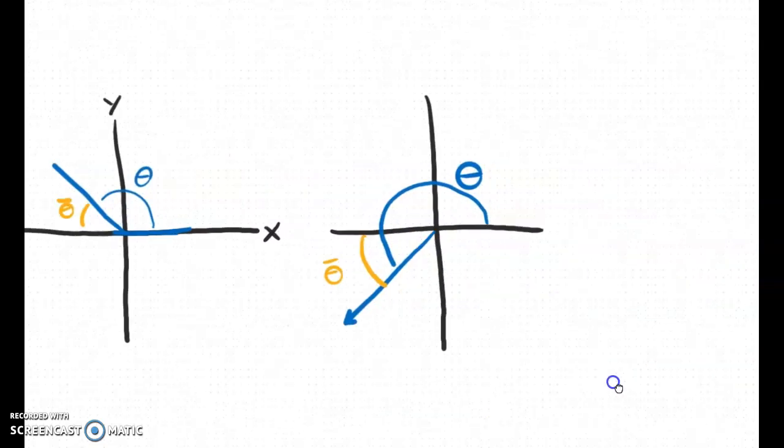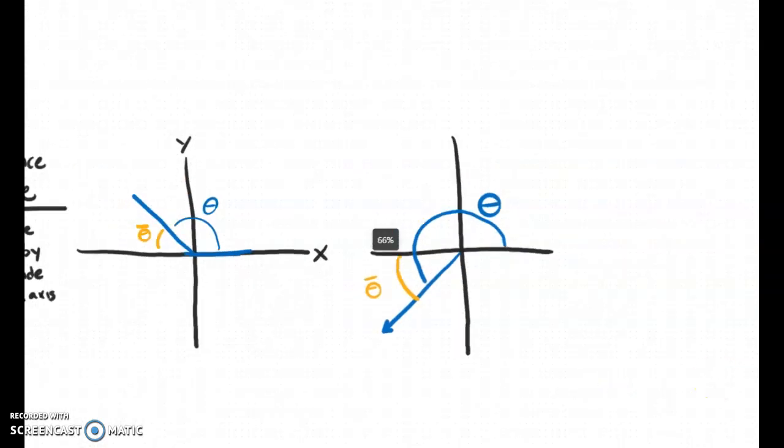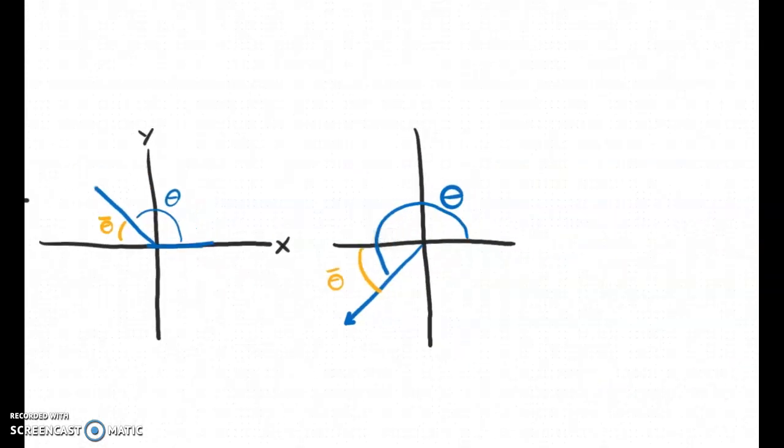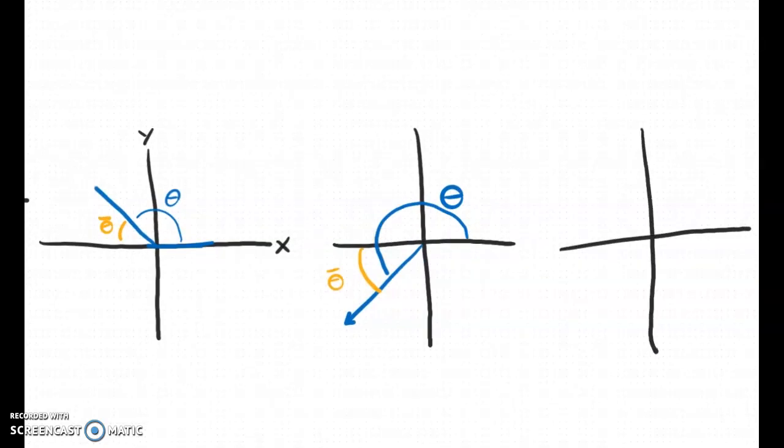And if your angle was to fall into quadrant 4, so let's say this was the angle, so this is theta, then this small portion is your reference angle.